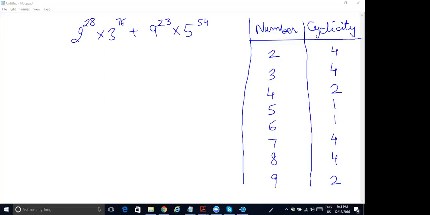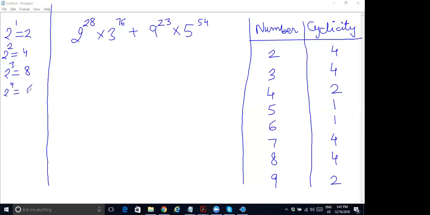Now, why is the cyclicity of 2 equal to 4? It means 4 is the exponent of 2 that gives you 6 as the units place. 2 to the 1 is 2, 2 to the 2 is 4, 2 to the 3 is 8, 2 to the 4 is 16, 2 to the 5 is 32.